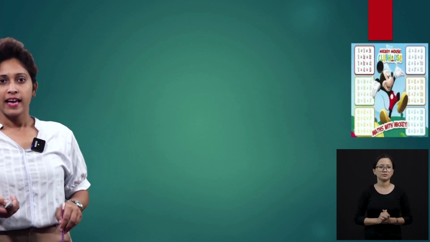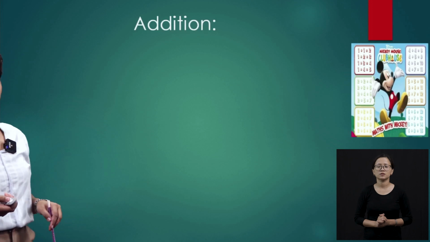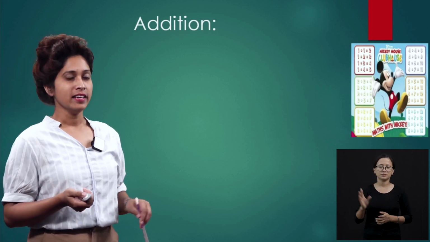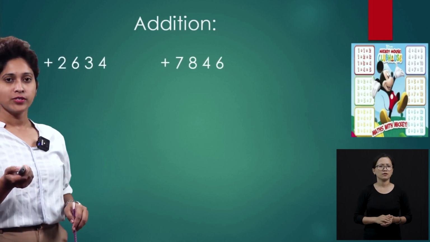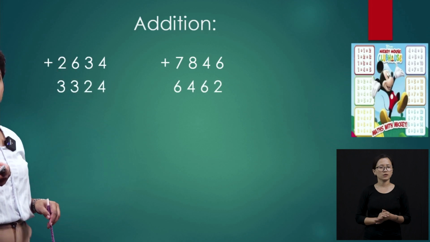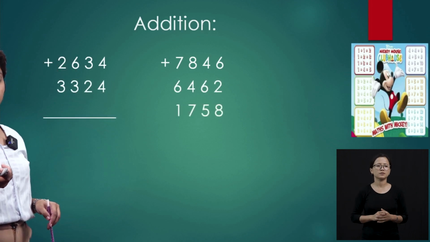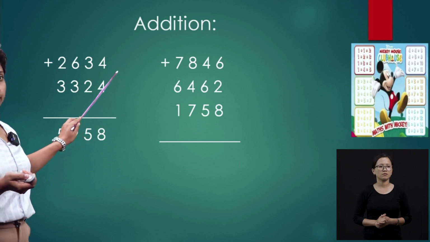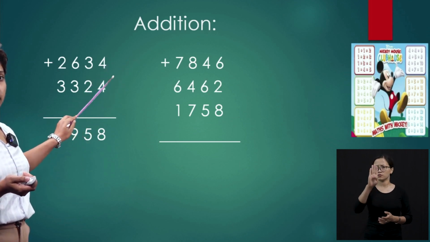Okay. Next you have addition. Now again, this is another very interesting thing you have to know. See, children, you have to add these. Look here carefully, all of you. The first one is 4 plus 4.